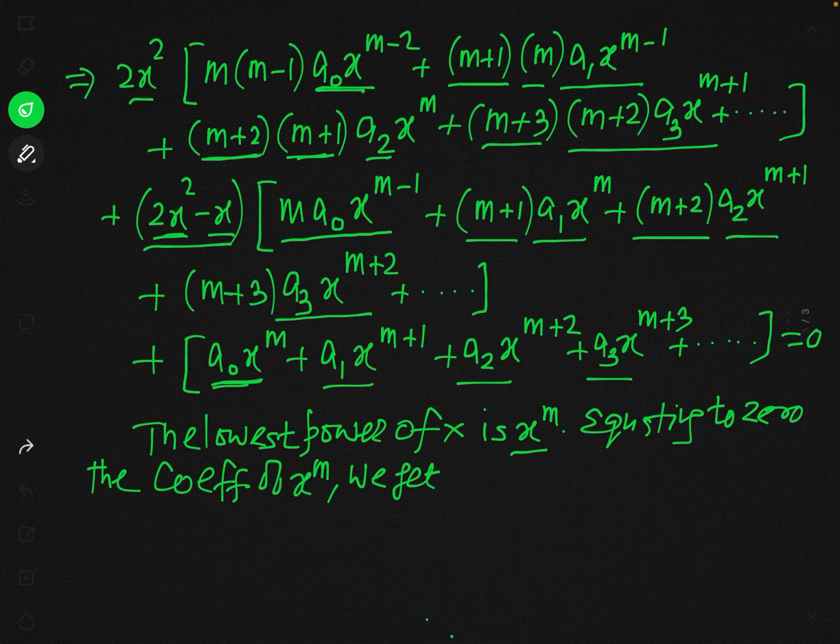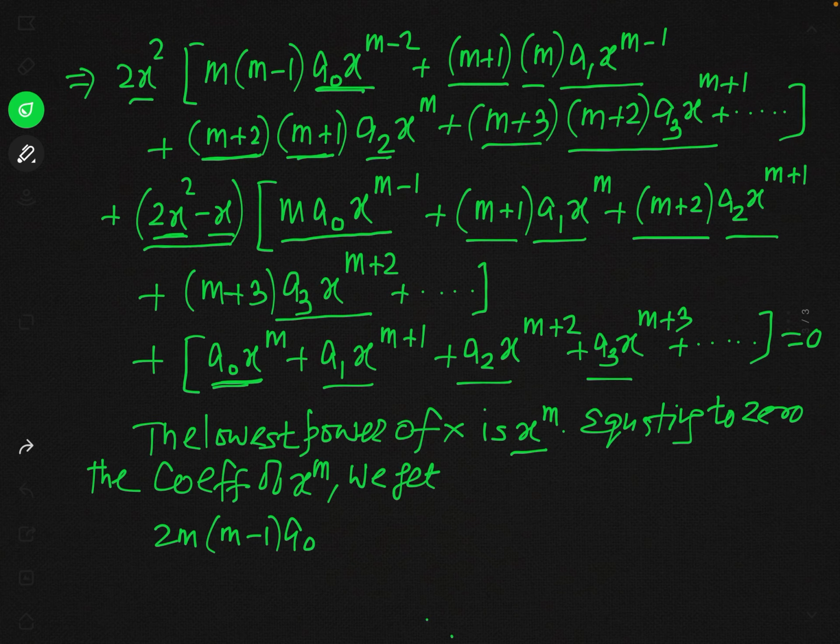Now you can see in the first term, what is the coefficient of x to the power m? You can see this is 2 into m minus 1 into a naught. So this will be 2m into (m minus 1) into a naught. This is the coefficient of x to the power m in the first series.